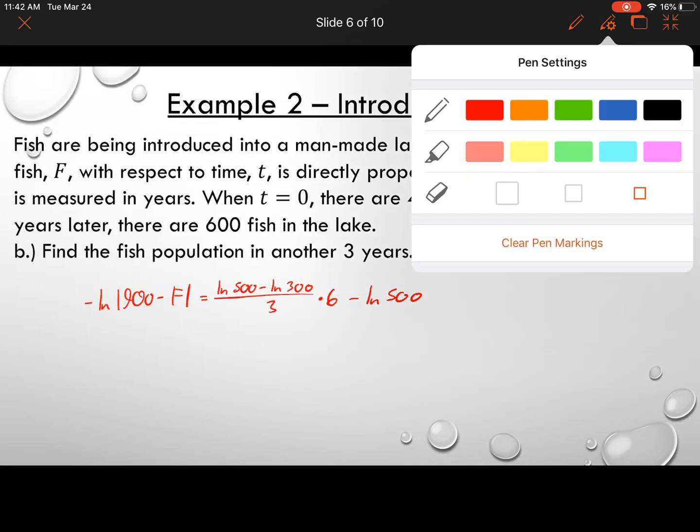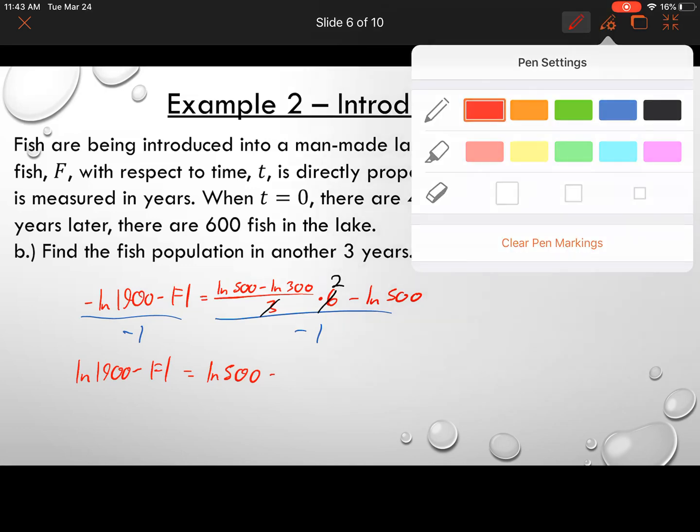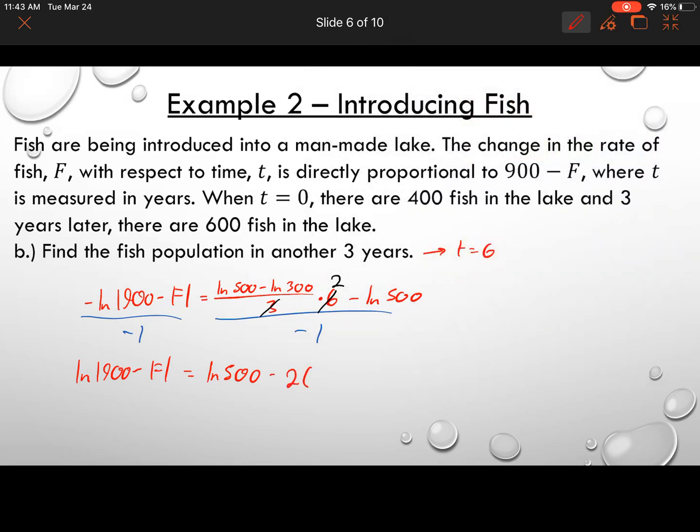So whatever is positive becomes negative, and so on. So now it becomes natural log of the absolute value of 900 minus f is equal to positive ln 500 minus, this 6 and 3 just become a 2, so I'm just going to reduce this to a 2, making my life a little bit easier, minus 2 times the quantity ln 500 minus ln 300.